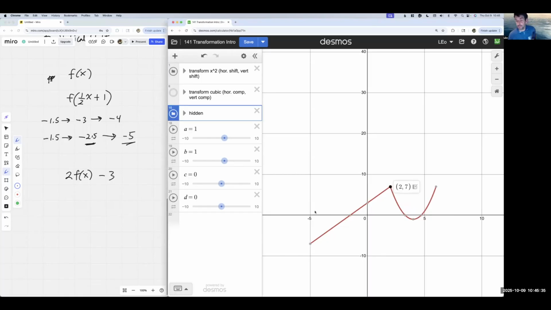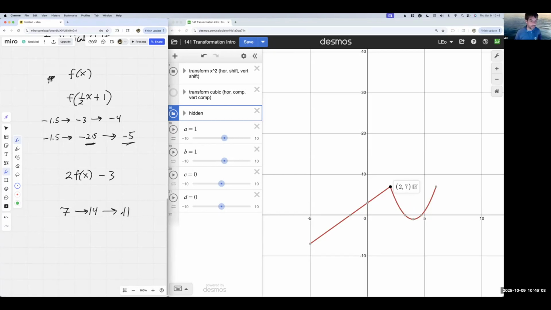So there's the point 2, 7. So if I go in the order of operations, we're operating on the output. The first thing I'm going to do is double it. So the output 7 should go to 14. Then I'm going to subtract 3. So we'll end up at 11. So our value at 2 should go from 7 to 14 and then down to 11.